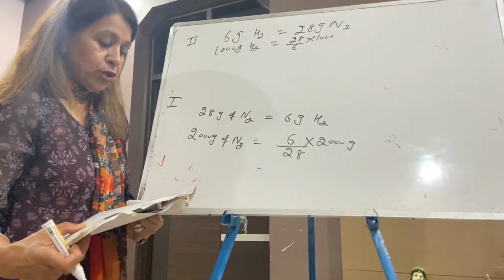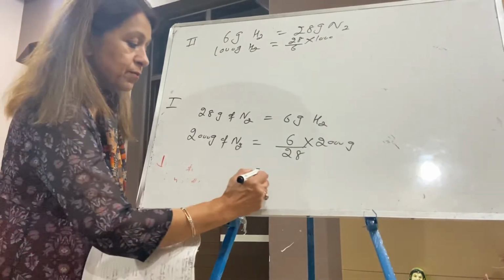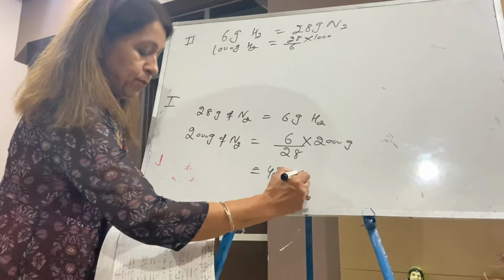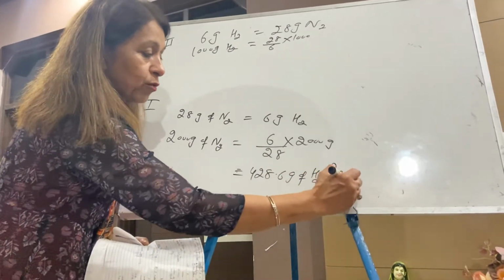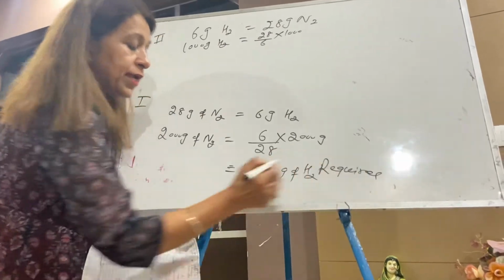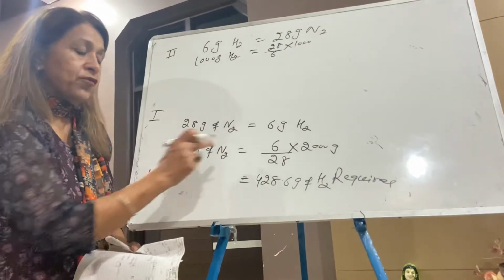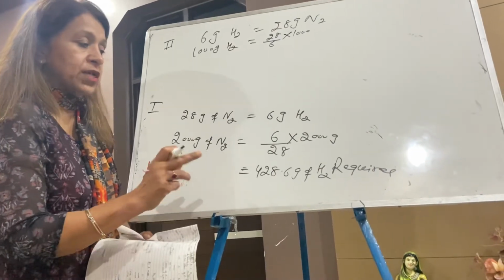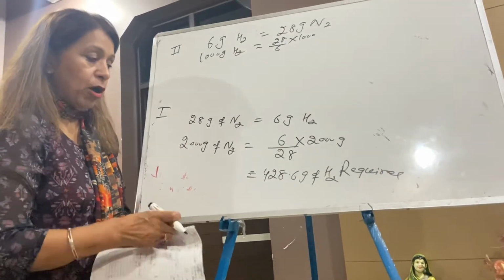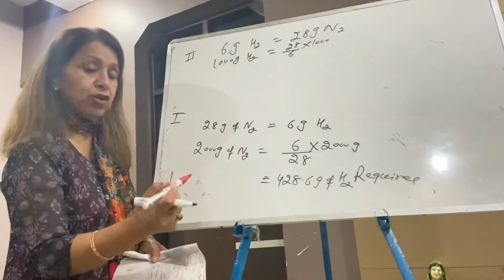It is 428.6. So 428.6 gram of hydrogen is required. Write down: after calculating, 428.6 gram of hydrogen is required. And now you write how much hydrogen is given in your numerical.